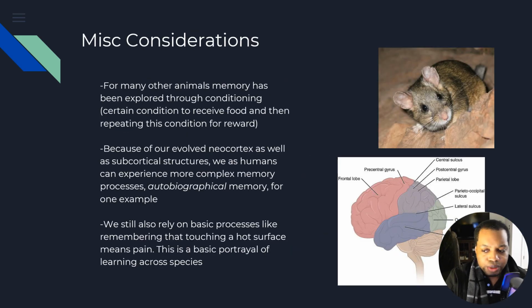So, a few little miscellaneous considerations are that for many other animals, memory has been explored through things like conditioning, like having a rodent travel through a maze to look for a piece of cheese and seeing if it goes through a familiar path to more efficiently or more quickly reach the cheese.